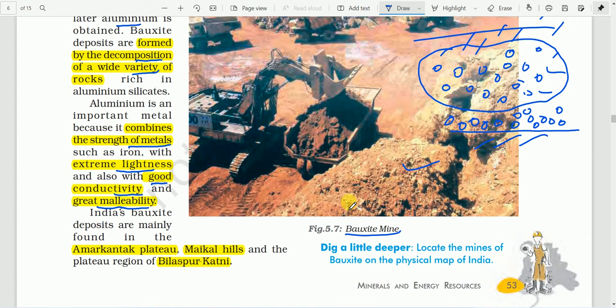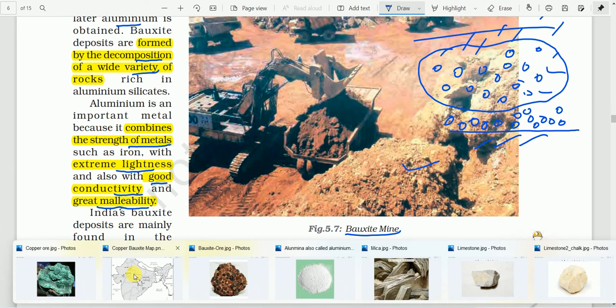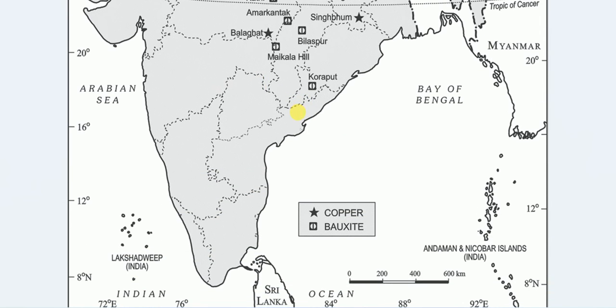So India's bauxite deposits are mainly found in the... This is about distribution of bauxite. Amarkantak Plateau, Mica Hills, and Plateau region of Bilaspur, Katni. So we may have a look at this map again and see here.